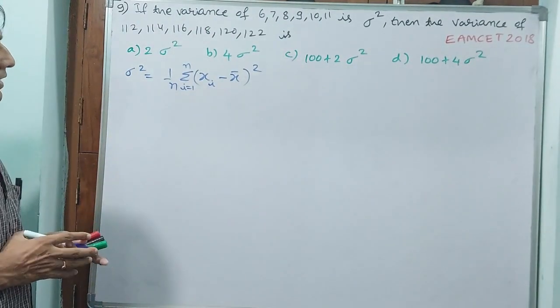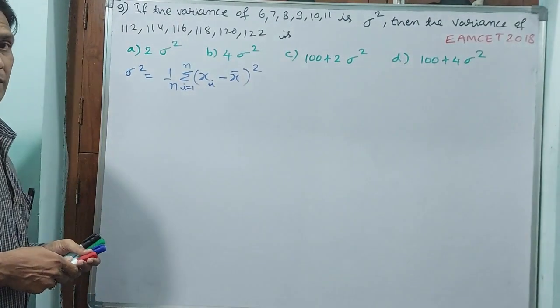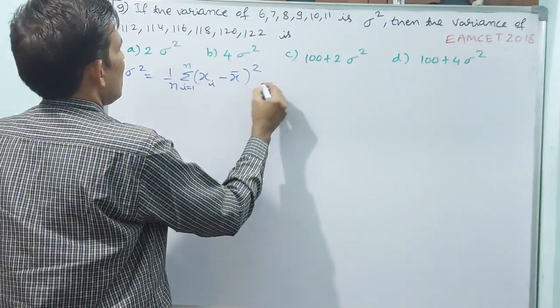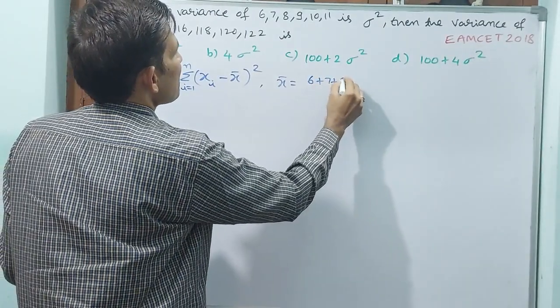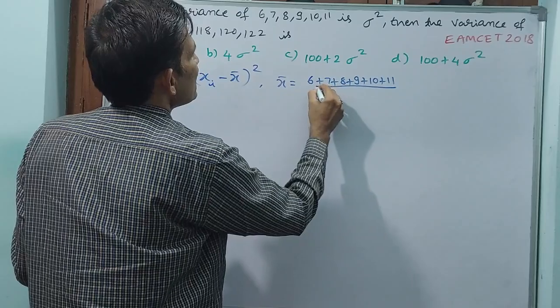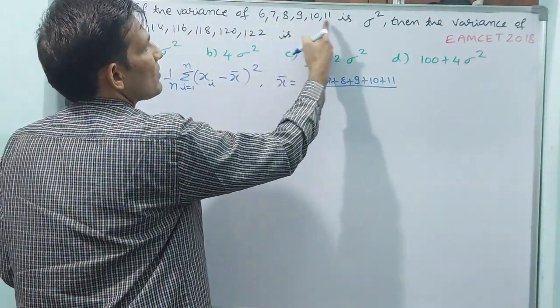Let us proceed. You see, for this you require x bar. X bar means mean. Let us find the mean. X bar is equal to 6 plus 7 plus 8 plus 9 plus 10 plus 11 divided by n, which is how much here? 6. 1, 2, 3, 4, 5, 6.